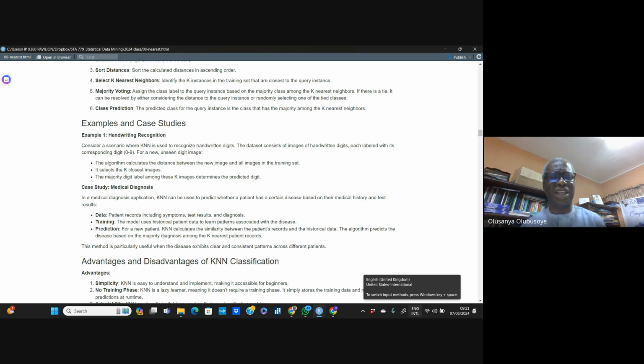So the data you will need will be the patient's records, which will include symptoms, test results, and diagnosis. And then you can train the model, and you can now use the KNN to do the prediction.